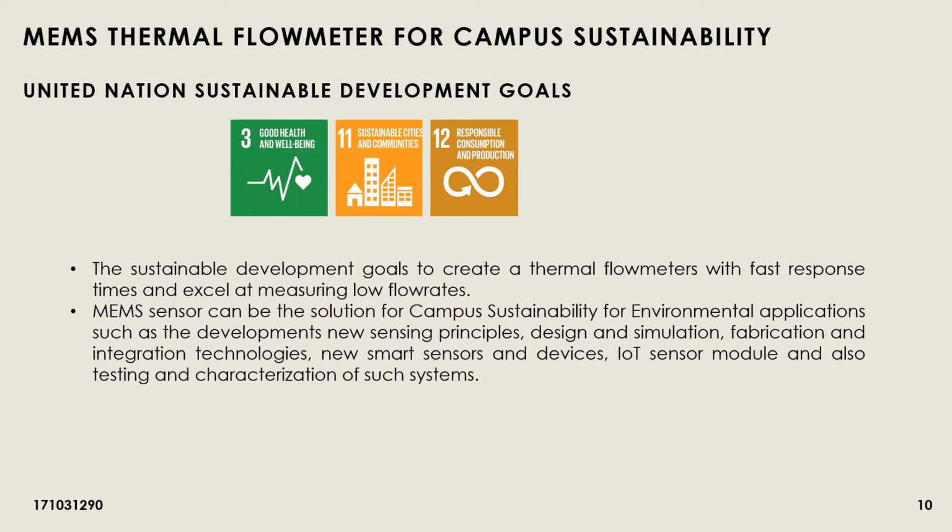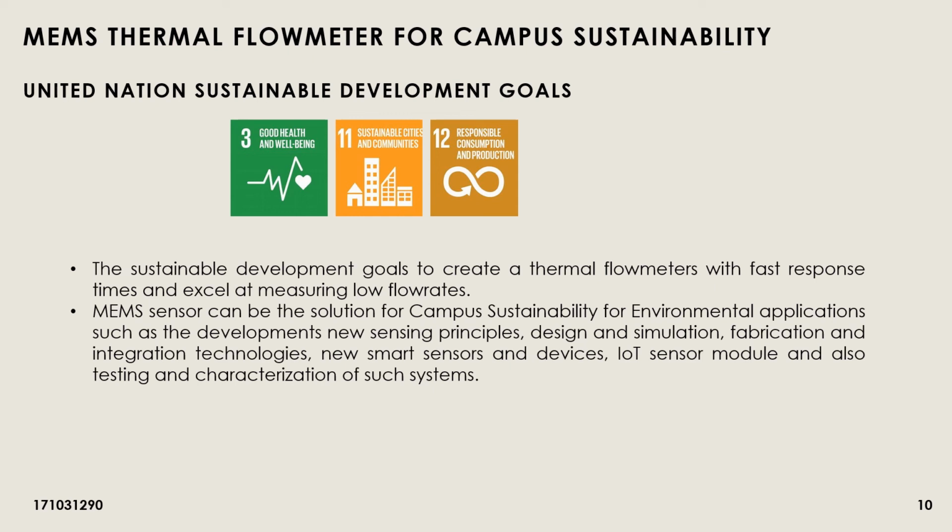There are advantages and limitations for the thermal flow meter. The first one is the advantage. Thermal flow meters have fast response time, and they can also handle some difficult flow measurements and provide a direct means of measuring mass flow.